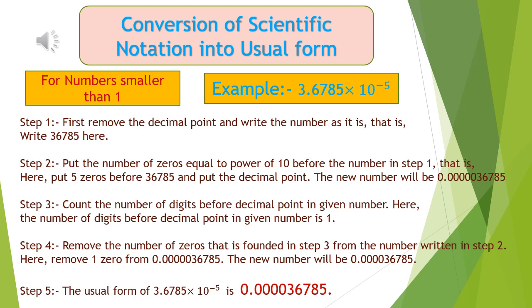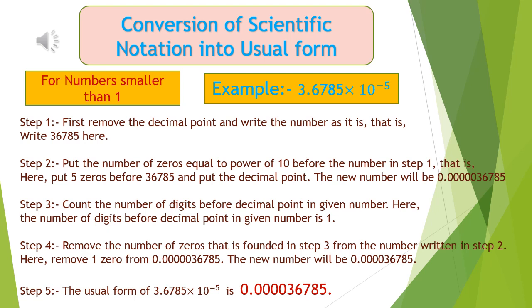So this is the difference. So here before the decimal only one digit is there. So step number 3 says to count the number of digits before the decimal point. Here the number of digits before the decimal point is only 1.